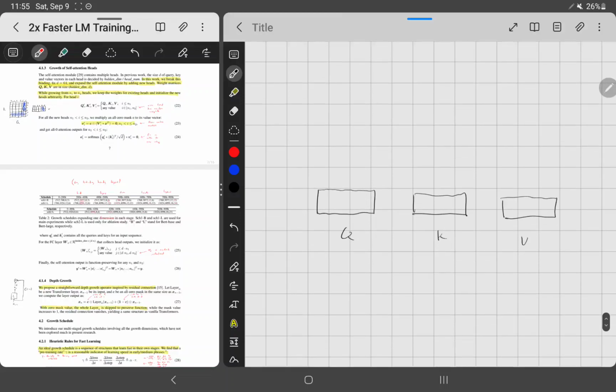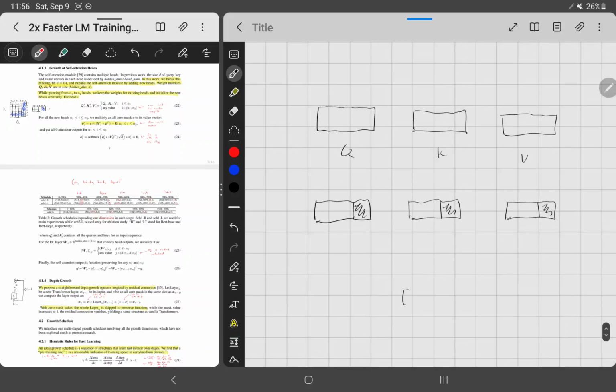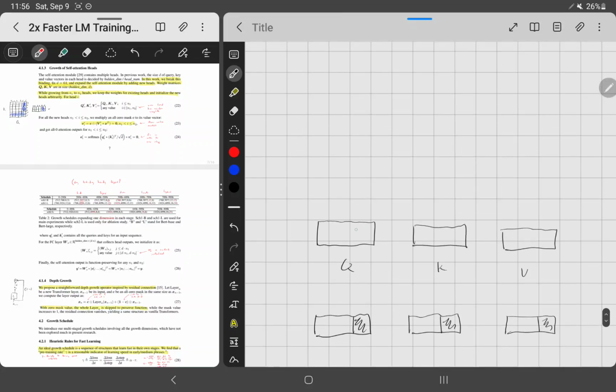Now, let's say we have masks for our queries, keys, and values, and the masks look something like this. This mask here would represent the new dimensionality. Maybe you have a vector with 3 parts in it, and this last part here is the new dimensionality that you add to your embeddings. Then you would want to mask this part after the feed forward layer.